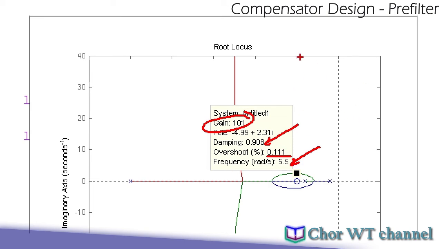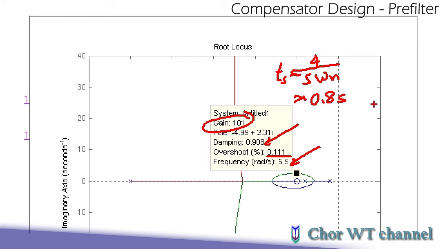We have the overshoot already. The overshoot is 0.111, and I also need to know my settling time. Settling time can be approximated to 4 over zeta omega n. If you substitute all the values here, zeta equals 0.908 and frequency equals 5.55, we are going to get approximately 0.8 second.